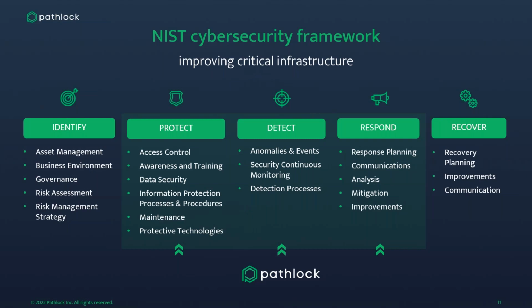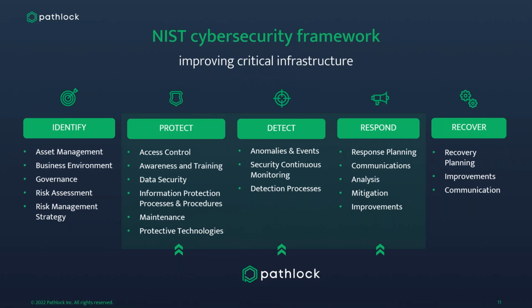First pillar is identify. That you, for example, have some asset management, you know what you have, that you have some risk assessment and risk management strategy, and so on. There are these points and also some sub points. I don't want to go too much into detail for every point, just to give you a little introduction.